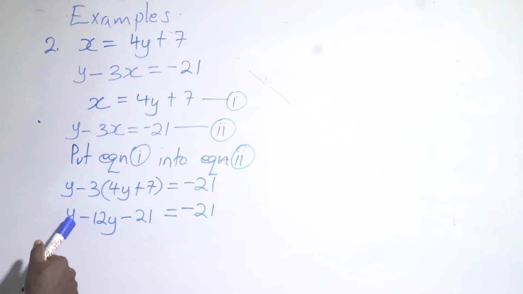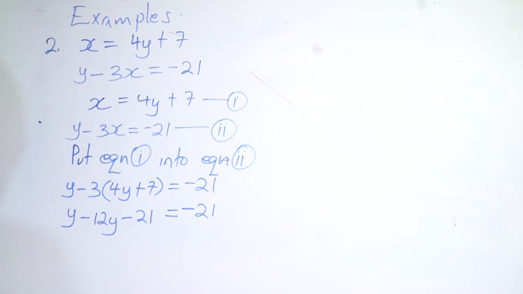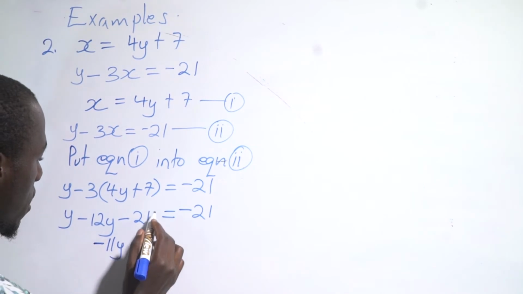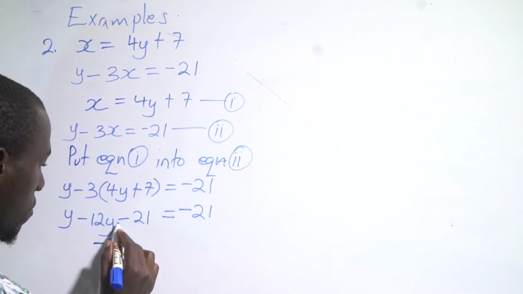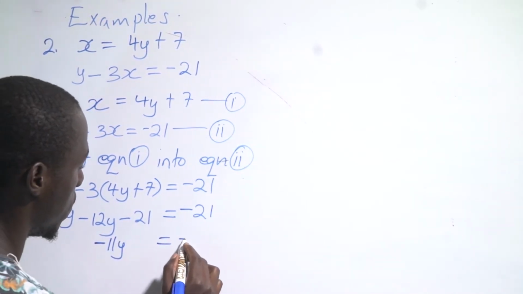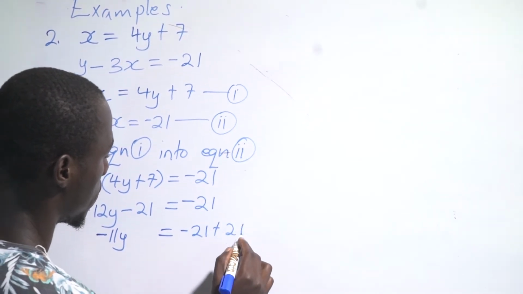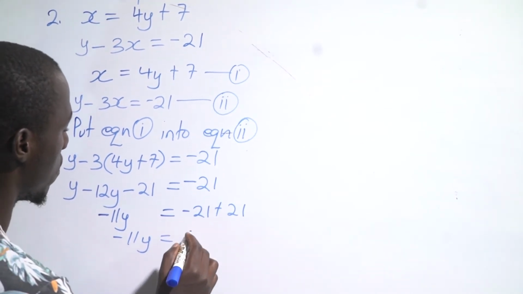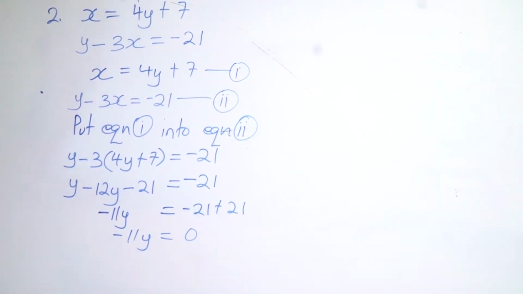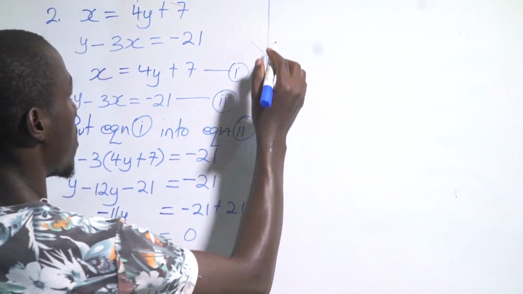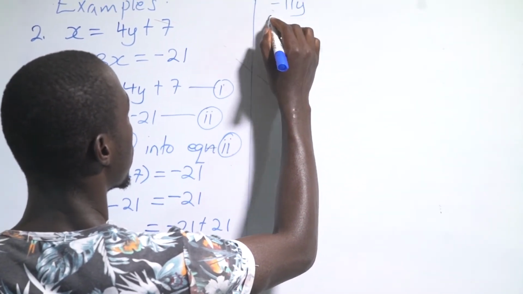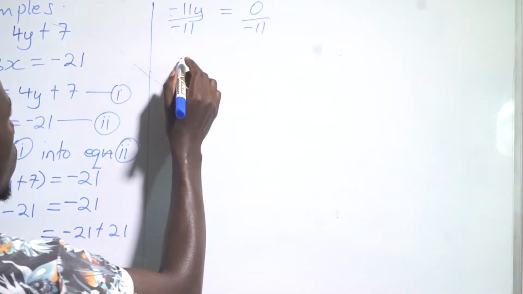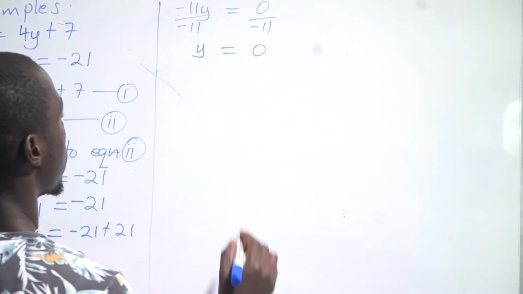Now, here, simplifying, I get negative 11y, then I take the negative 21 the other side to become a positive. Then negative 11y is equivalent to 0 that side. Then when I divide both sides by the negative 11, I get the y as a 0.